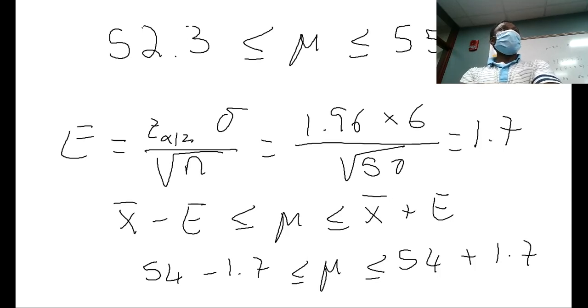So that is what we call the margin of error. It's the maximum error of the estimate. So if you have the margin of error, you can use it to find the minimum sample size using the formula we have on the board, which I'm going to write now, but I want to explain first before we do the example.